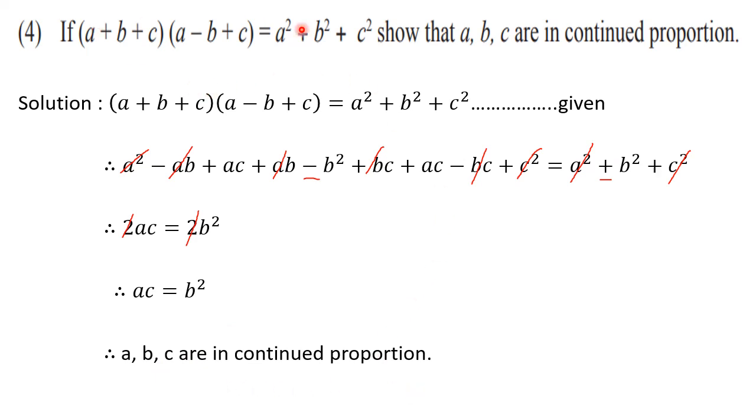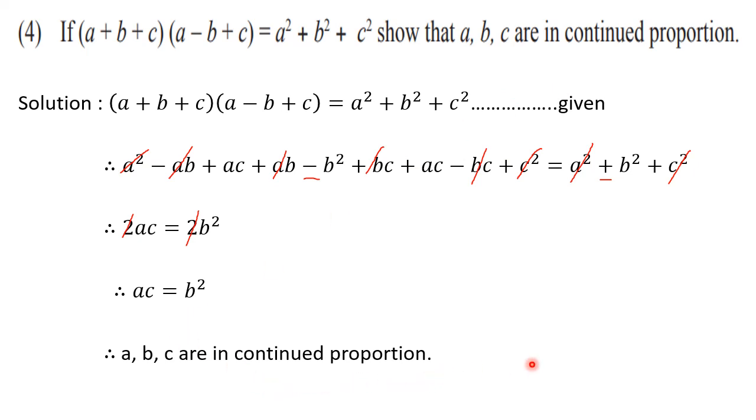But you should understand that if we want to prove A, B, C are in continued proportion, it means we need to prove that B square is equal to AC. This must be understood by you. That is why in the previous lecture, I gave you all the statements which give the same meaning, and we can make use of that to solve our sum.